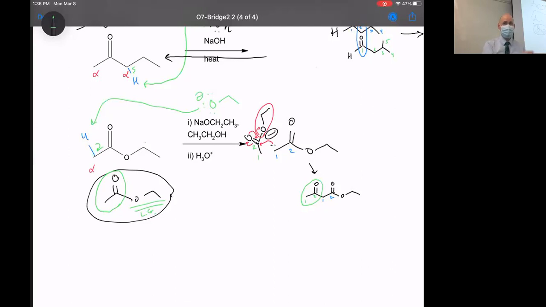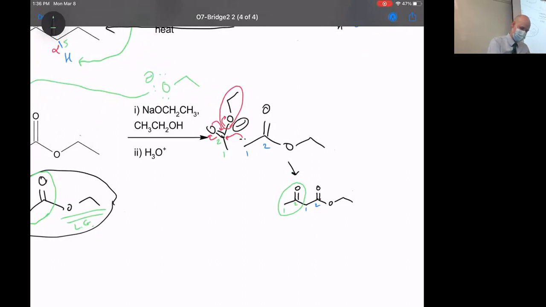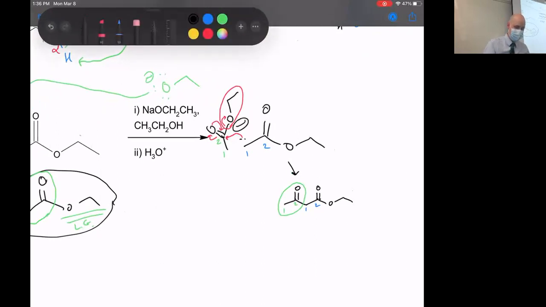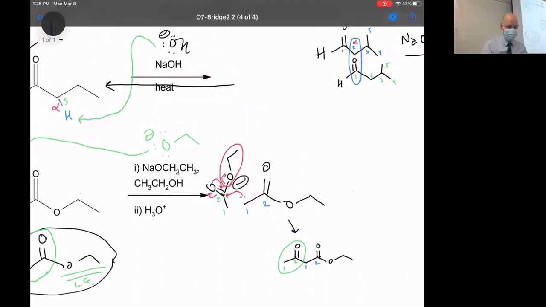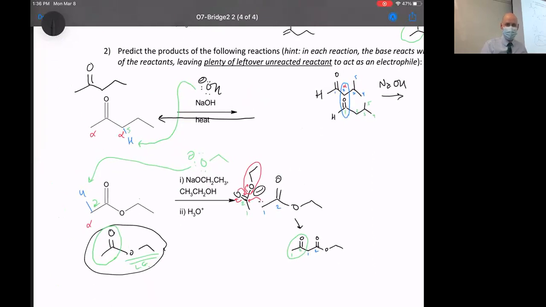All right, I'm gonna pause here and give you some details. This is the right answer. Everybody good with that? All right, we have to be aware that there is a second step of this reaction where you add acid. And as you look at this, it shouldn't matter. But much like the reaction above, when we went through the mechanism of this one, the reason that it kept going and ended up with that double bond is because I still had a base hanging around. Well, this one also still has that base hanging around.